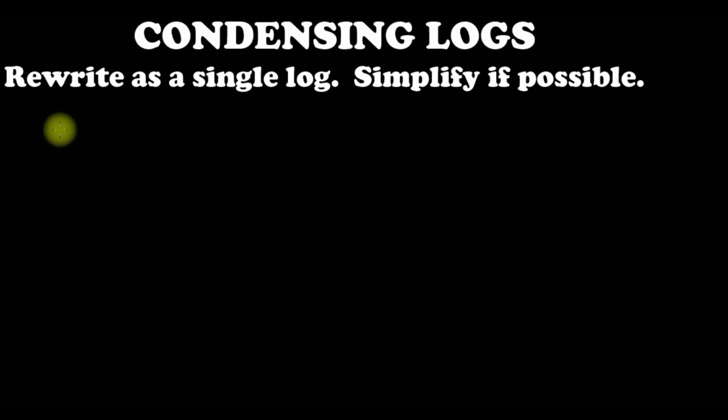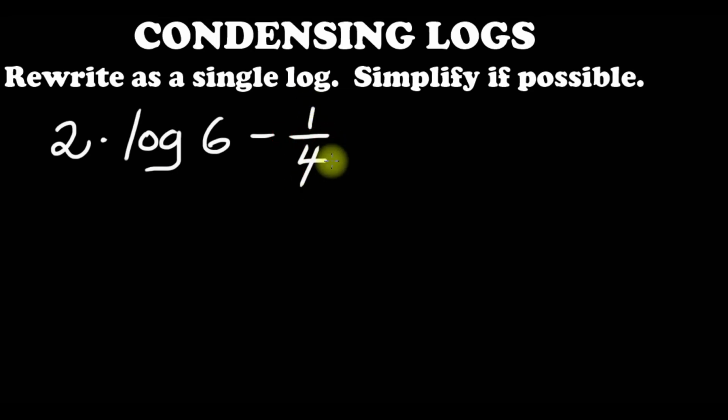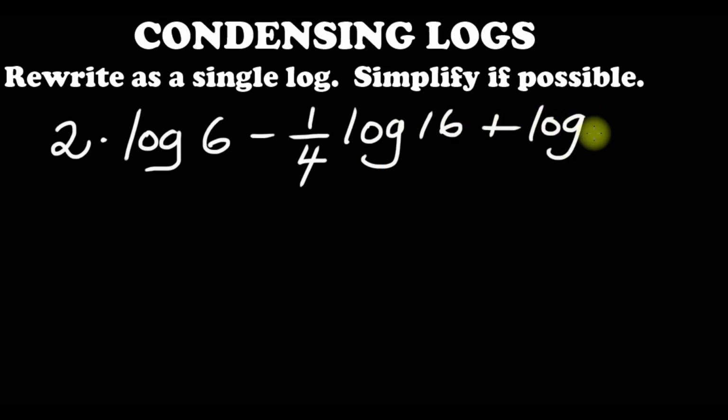So here we have 2 times log 6 minus, now this log has no base, so we understand it's base 10 when there is no base. And here you've got minus 1 over 4 log 16 plus log 3. We are going to condense this log expression to a single log, so we have to use the log properties.